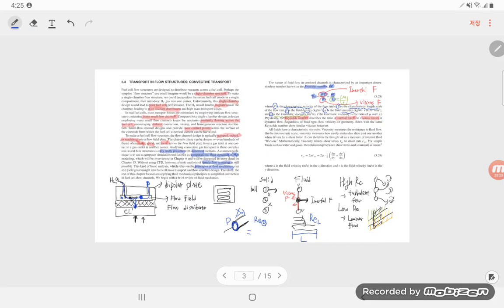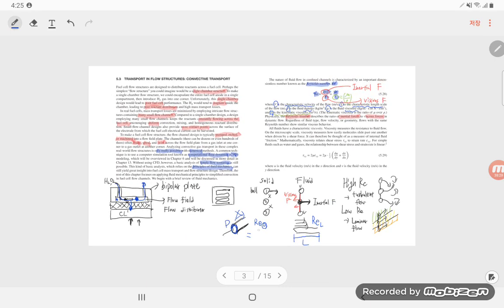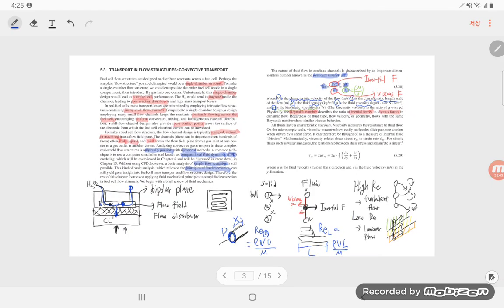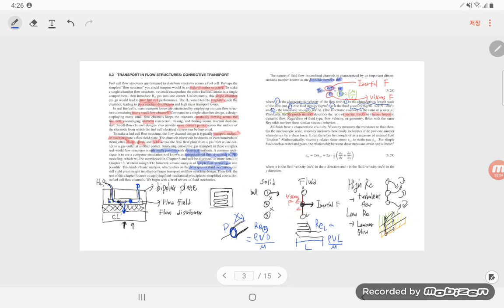The definition of Re_D is rho V D over mu, where V is the mean velocity, and here Re_L is rho V L over mu. So this is the difference between these two systems. And the critical Reynolds number is also different depending on whether the system is external or internal, and we only care about the internal one.